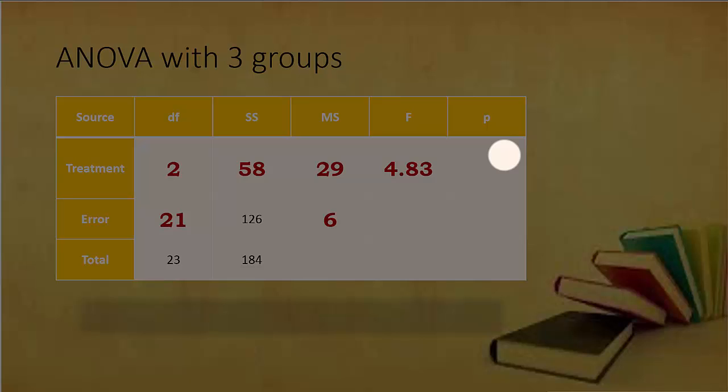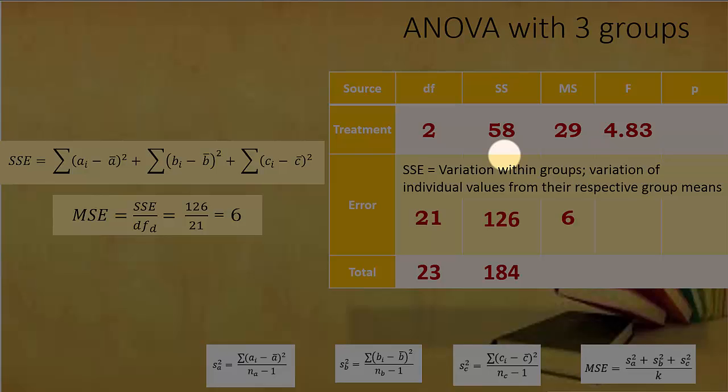Okay, now let's take a little closer look at each row of the table, and we'll start with error. We're going to look at SSE, the variation within groups. It's the variation of individual values from their respective group means. So you can see over here, I take within group A the individual values, subtract the mean of that group, square it.